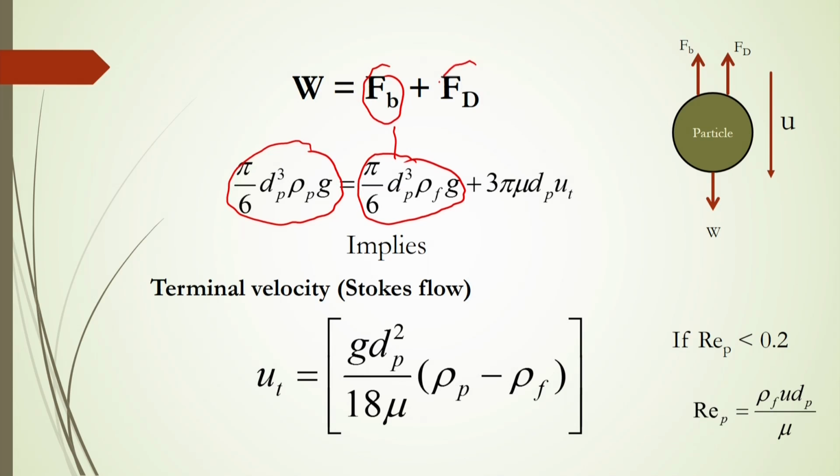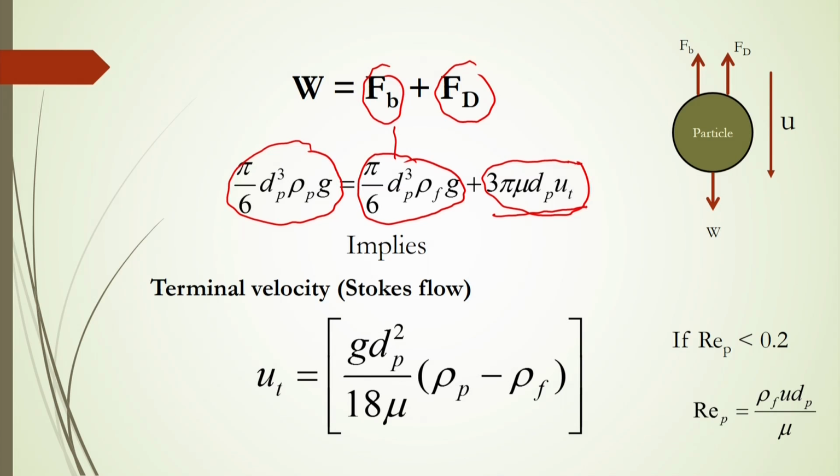And then F d is the drag force. If we consider it under Stokes flow, that means Rep is less than 0.2, then it will be 3 pi mu dp into u t.